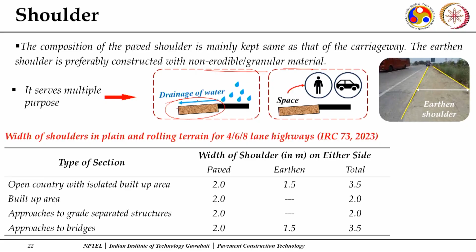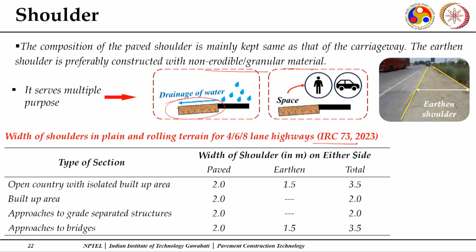Now again, as per IRC 73, an important thing is that we should get an idea that all this information is well stated, and these codal specifications keep on being revised with time. You can see this one was revised in 2023, so a very recent one.